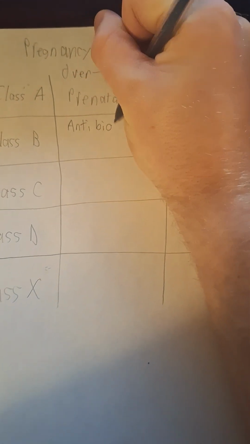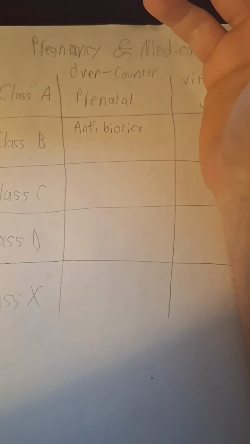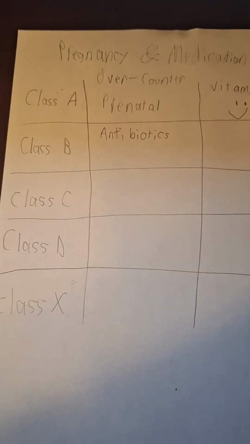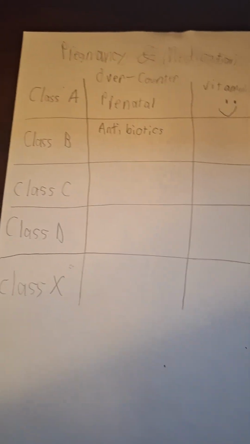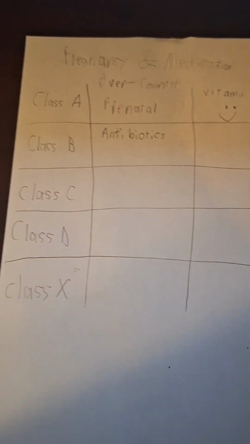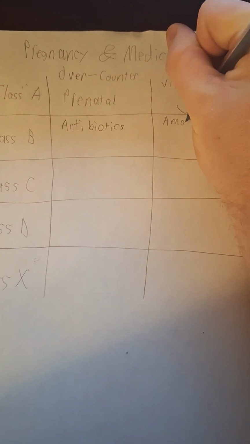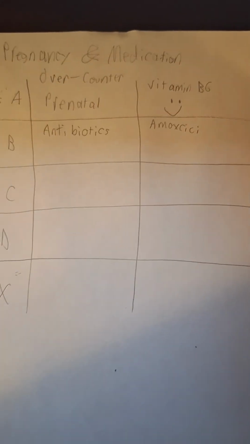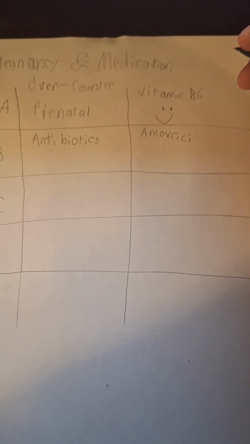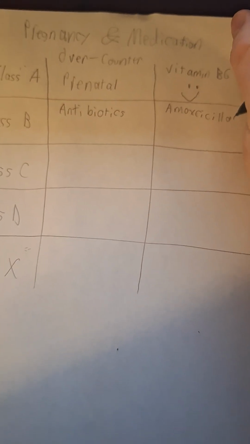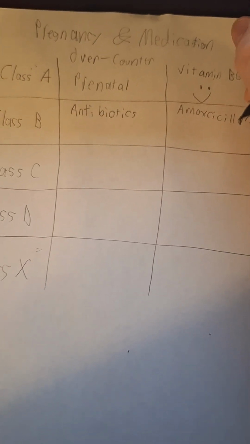These are some of your antibiotics, so things like penicillin, medicines of that nature, like amoxicillin, and things like acetaminophen as well, so like pain medicine.